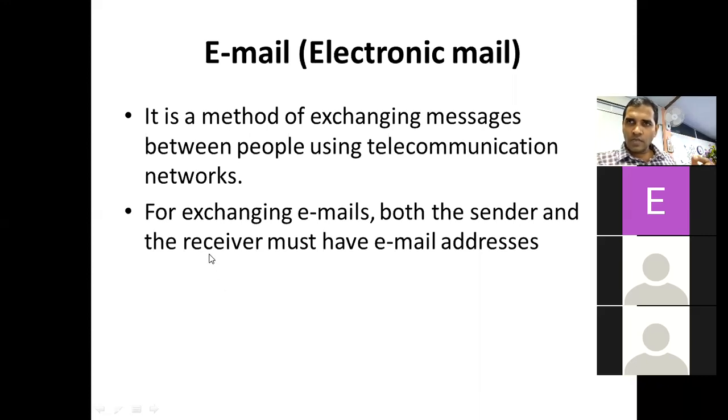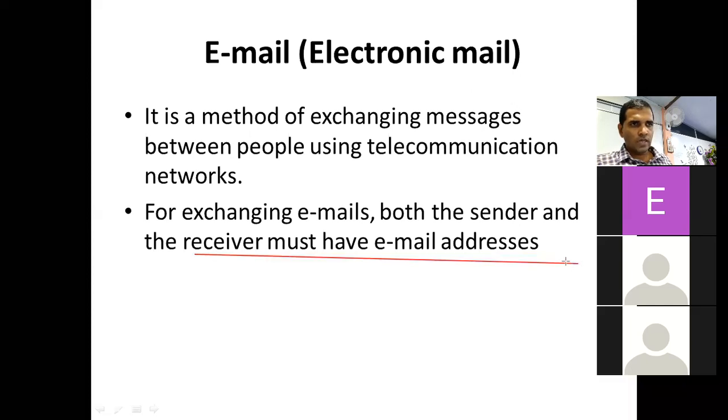For exchanging messages over the internet, the sender and the receiver, both people must have email addresses, right? This is important. So you have to understand that. So the receiver and the sender must have email addresses. If I want to send information to you through email, I must have an email address. At the same time, you must have an email address.